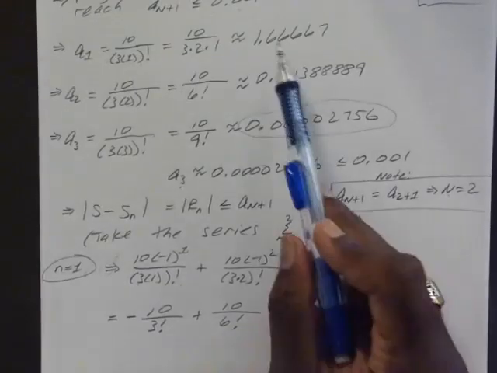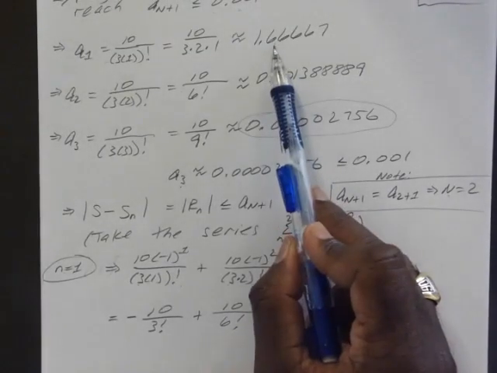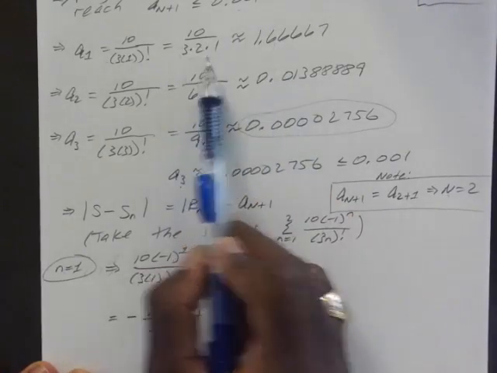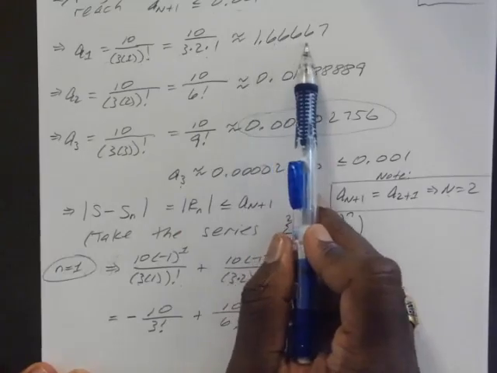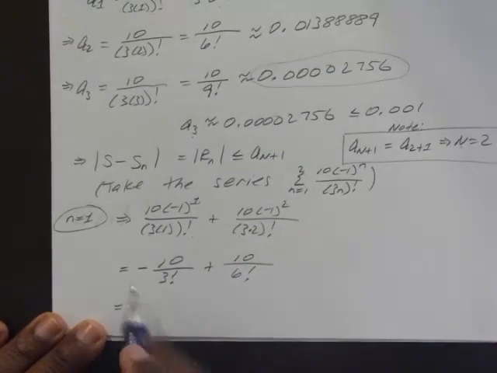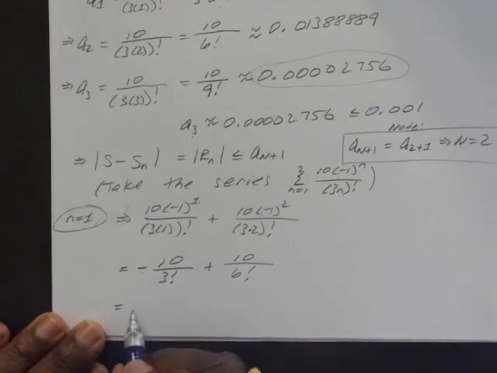Looking up, we did that work already. 10 divided by 3 factorial is just 1.66667, but it is multiplied by -1, so that's -1.6666667.